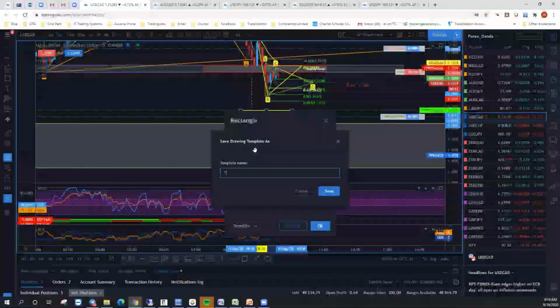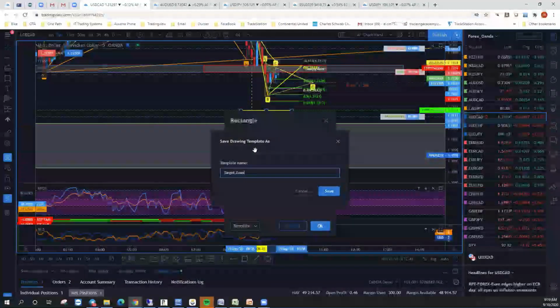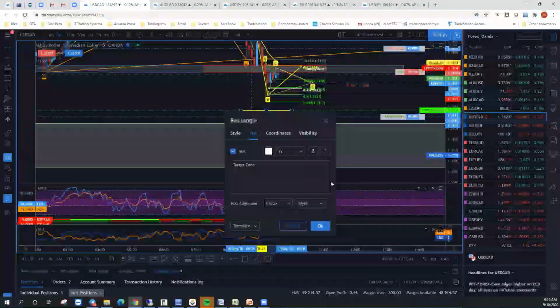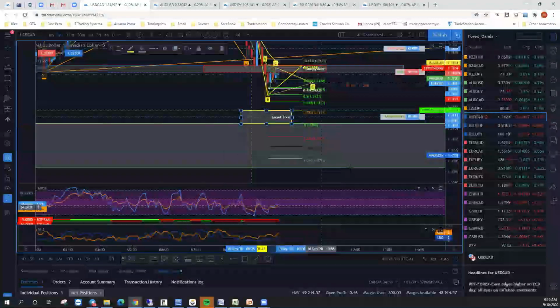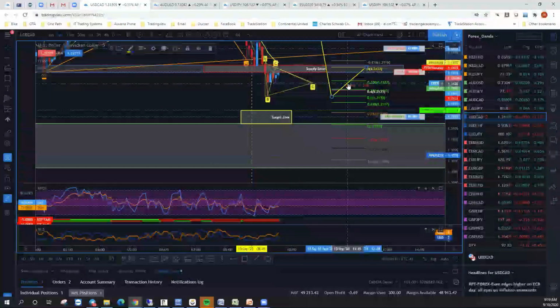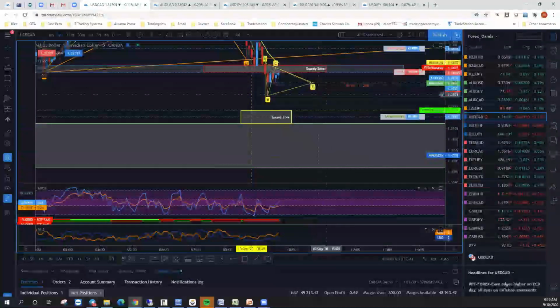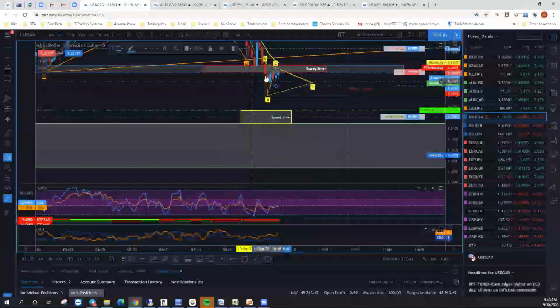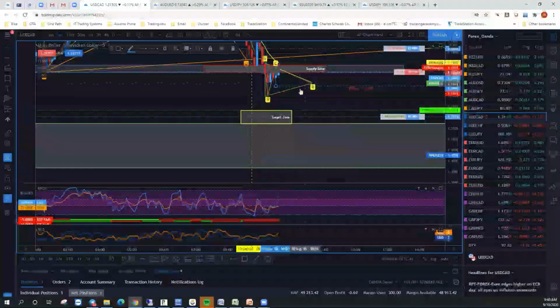Let's save this one. Right there. And that's off of this Fibonacci retracement tool. But I would still want to see this little mini wedge right here.